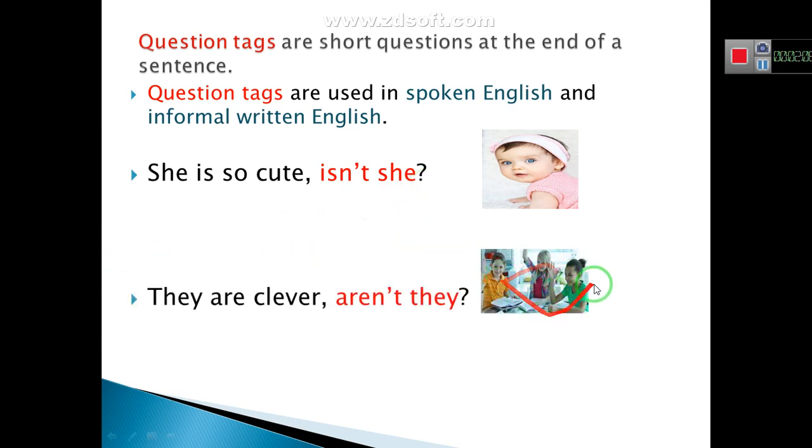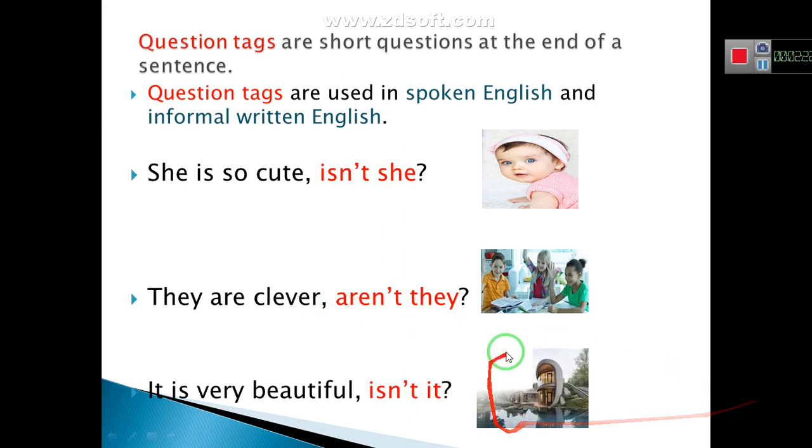They are clever, aren't they? This house, look at the house. It is very beautiful, isn't it?